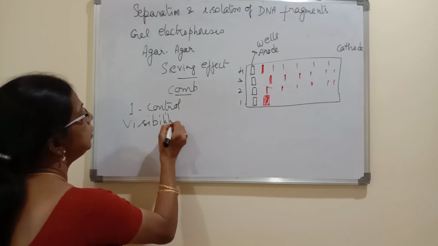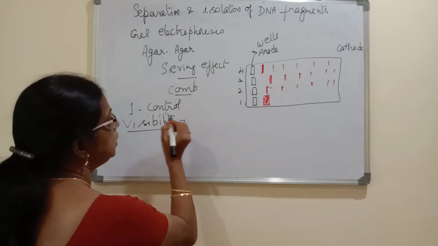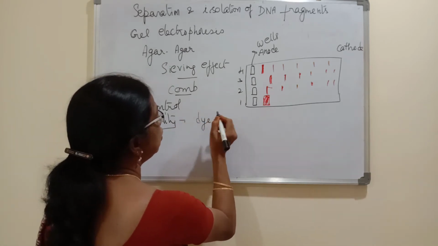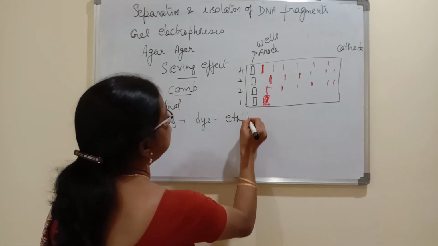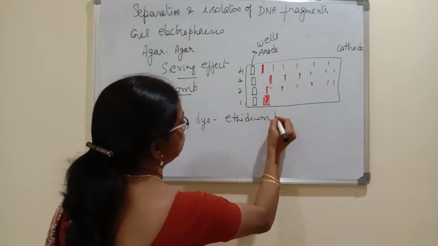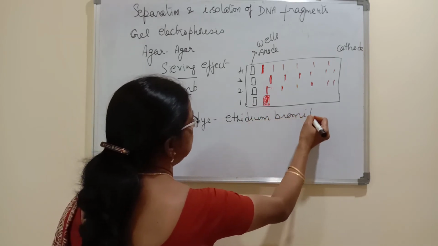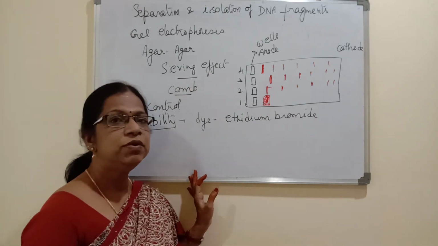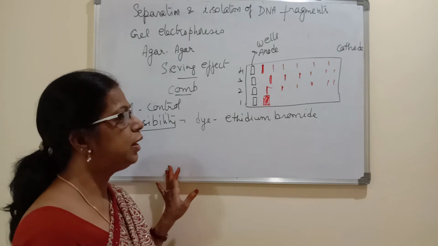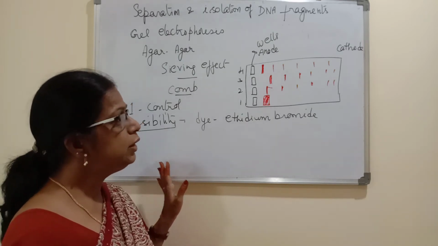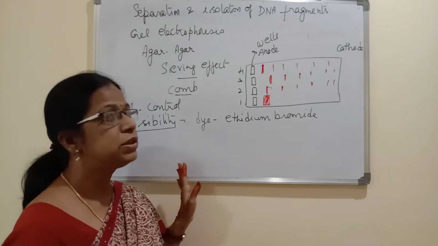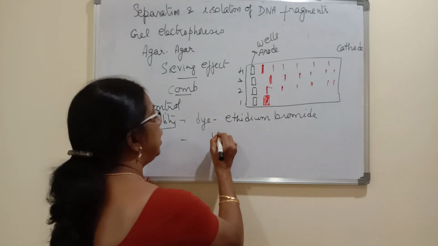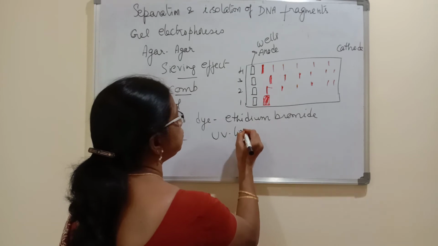To make them visible, the gel is treated with a stain, a dye called ethidium bromide, which is a dark brown color dye. Then, when all the DNA fragments have taken up this stain, they are observed under ultraviolet light.